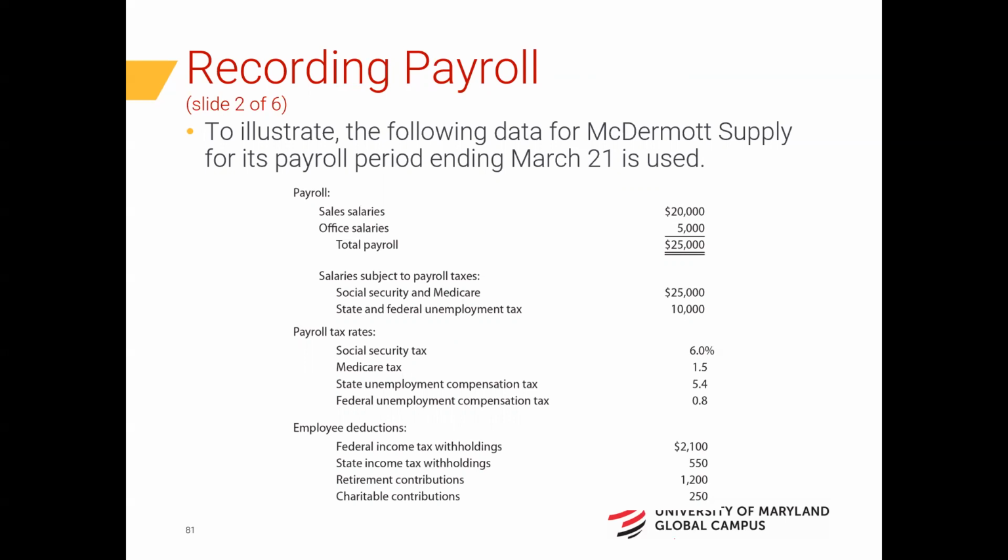Social Security is 6%. Medicare is 1.5%. State unemployment tax is 5.4%. Federal unemployment tax 0.8%. Those rates have, I believe, changed in the past 2 years. Employee deductions: federal income, state income, retirement, and charitable.